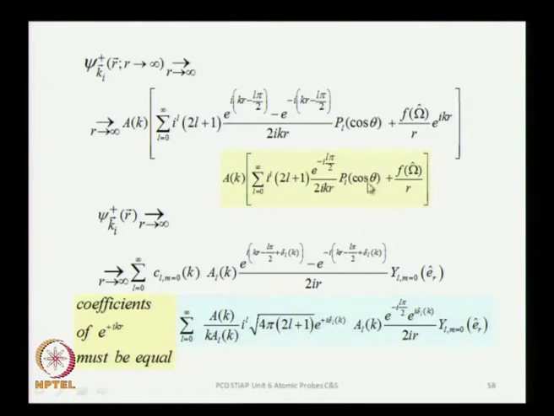So this is the term which multiplies the spherically outgoing wave in this form, and in the lower form you do the same thing, extract the coefficient of e to the ikr, in which you also have C_lm. So you plug in this C_lm from the result that we had obtained in the previous class, and now all you have to do is to equate this with this, okay. Those are the two coefficients of the spherically outgoing waves.